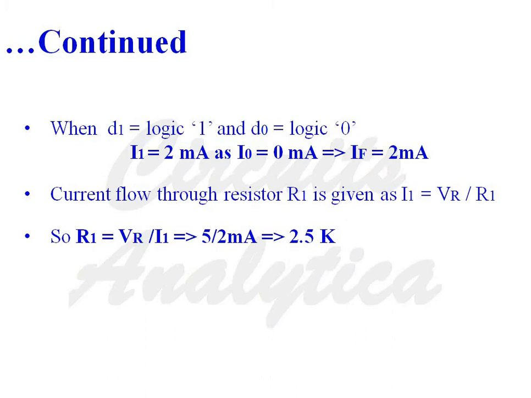That means I1 is equal to 2 milliampere. Current flow through resistance R1 is given as I1 is equal to VR divided by R1. Rearranging the terms, we get R1 is equal to VR divided by I1, that is equal to 5 divided by 2 milliampere, that is equal to 2.5K.